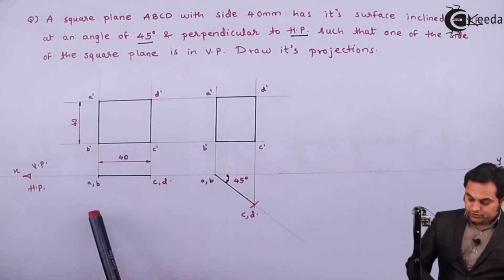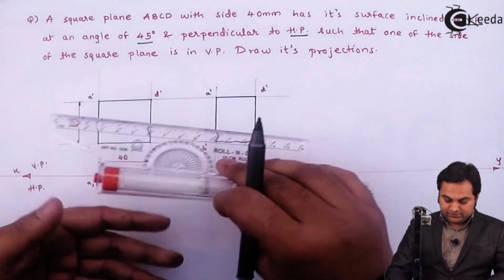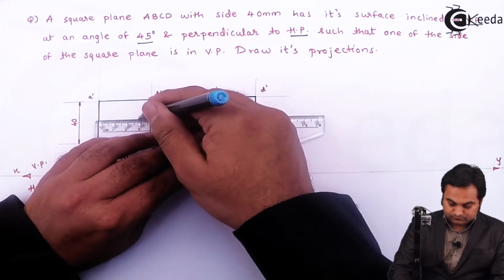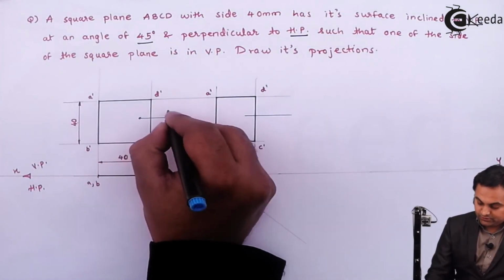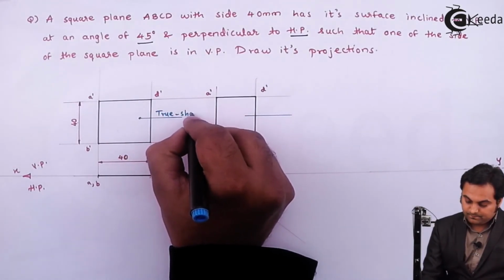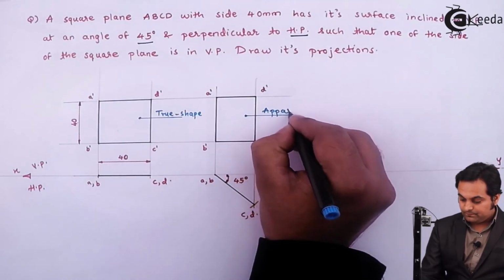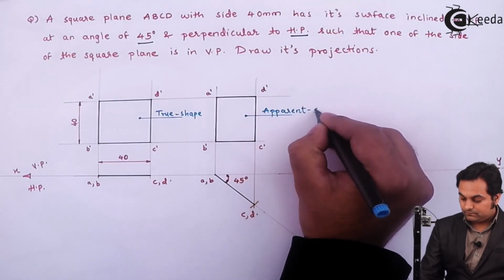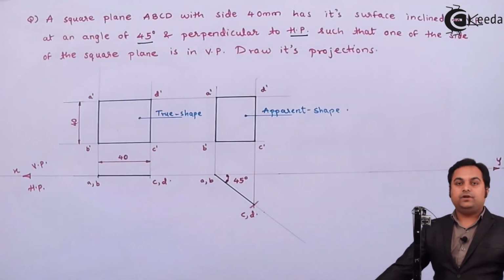So here the square plane has been converted into a rectangular plane by the inclination. So this is the true shape, and here is the apparent shape. And with this we complete the problem.